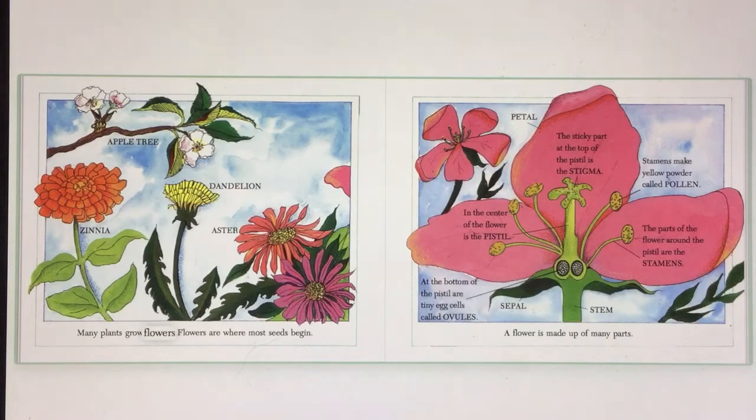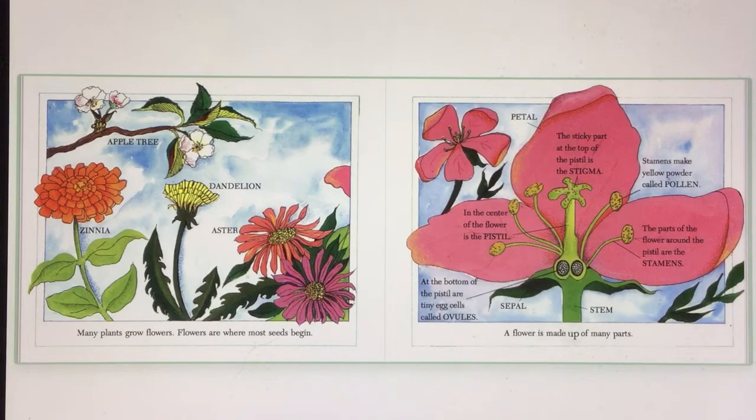Many plants grow flowers. Flowers are where most seeds begin. Apple tree, dandelion, zinnia, aster.